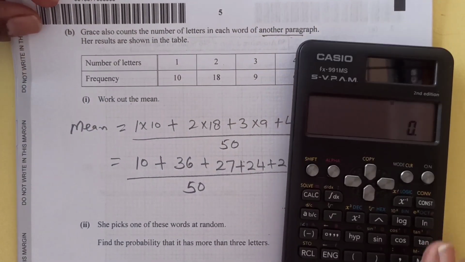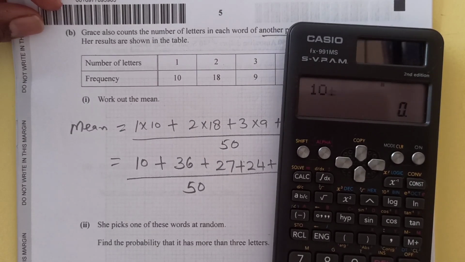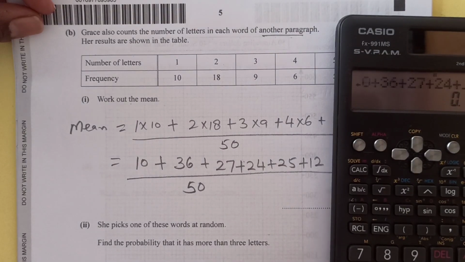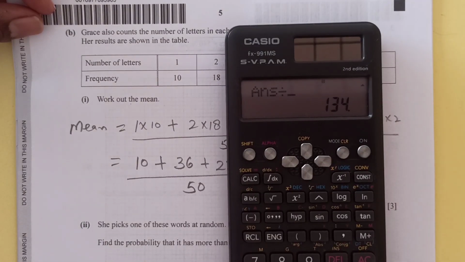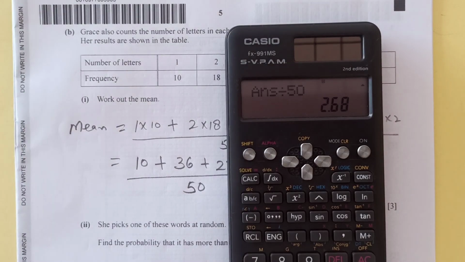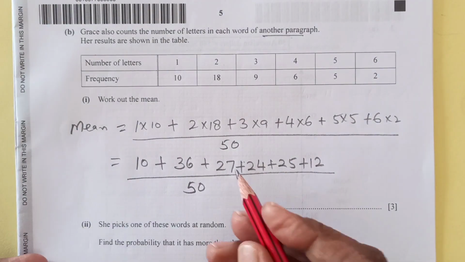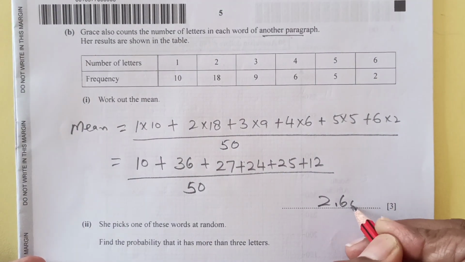So now let's see, 10 plus 36 plus 27 plus 24 plus 25 plus 12. 134 divided by 50, 2.68. So 2.68 is the final answer.